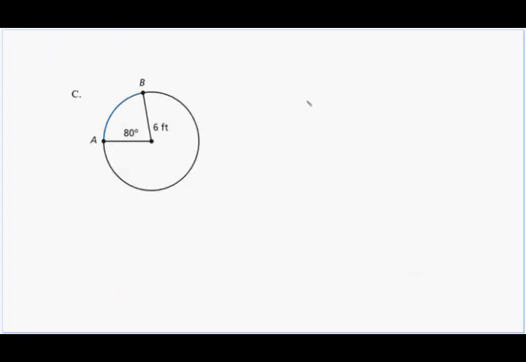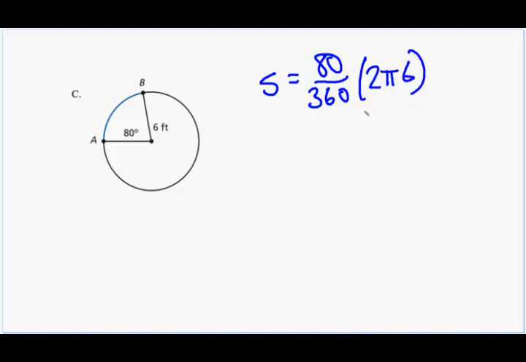All right, letter C. S for arc length is 80 out of a full 360 times 2 times pi times 6. So that'll be 2/9 times 12 pi, or about 8.38. Now our units are feet.